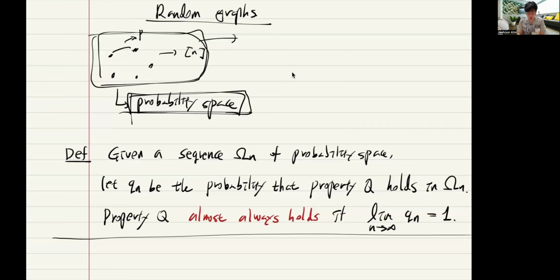For the further discussion, it's much more rigorous if we consider a sequence of probability spaces where n is increasing, so n tends to infinity. In this way, instead of considering one probability space, we consider a sequence. Now we don't have to worry too much about whether n is a specific value or whether n is large enough or not.